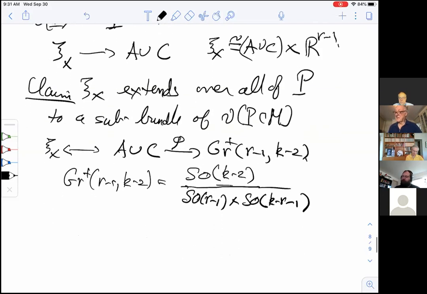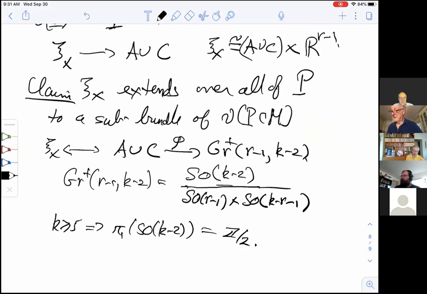Now we have to calculate the fundamental group of this space. But K is at least 5, which implies the fundamental group of SO(K minus 2) is Z mod 2. And since these numbers add up to K minus 2, at least 3, one of the two is bigger than 1.